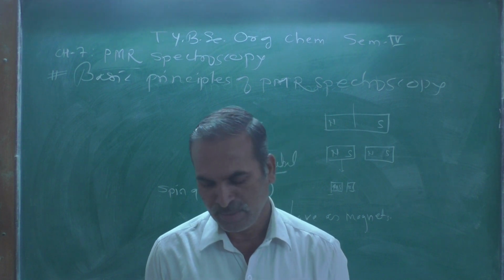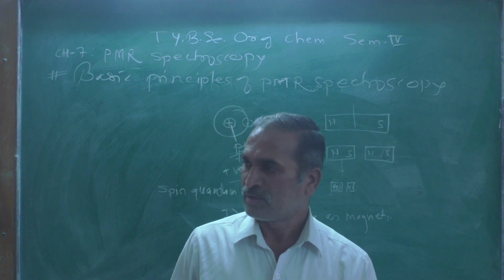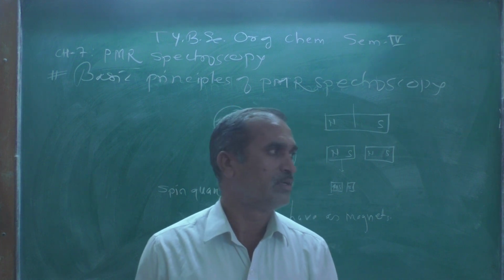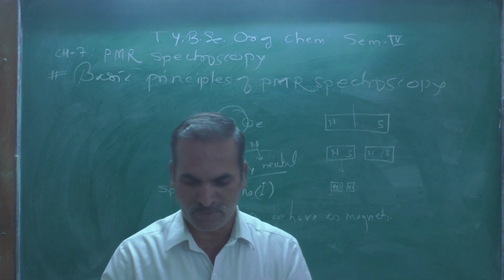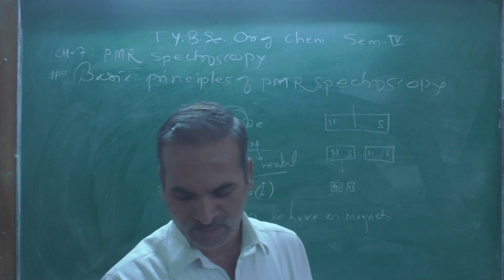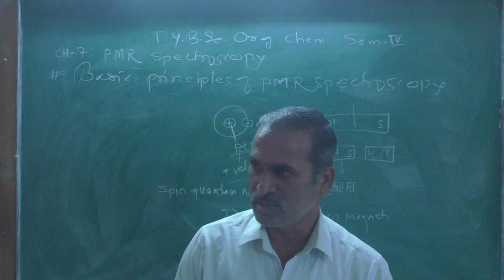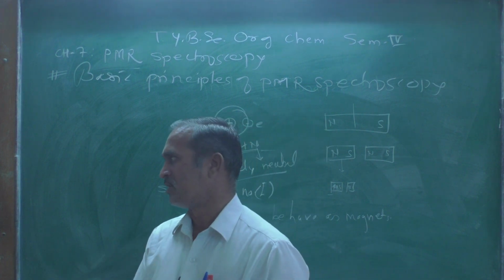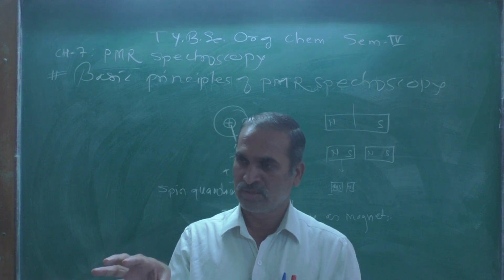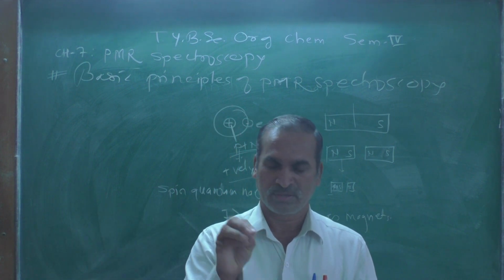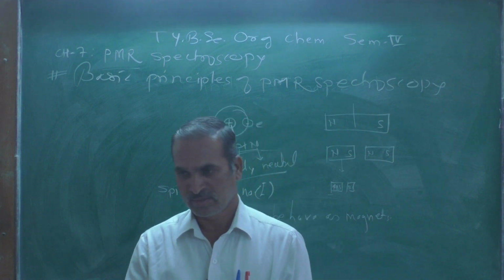In the long form of the periodic table there are 118 elements, and we can easily calculate whether an element possesses a magnetic moment or non-magnetic property.